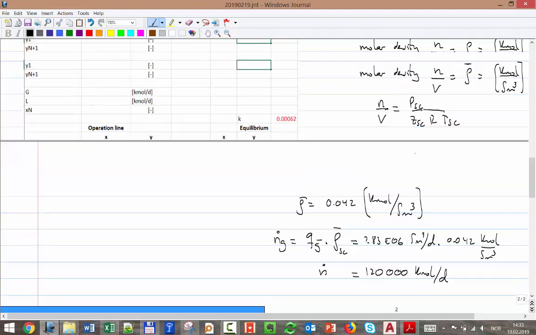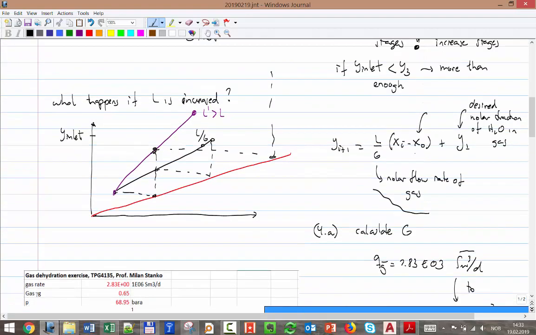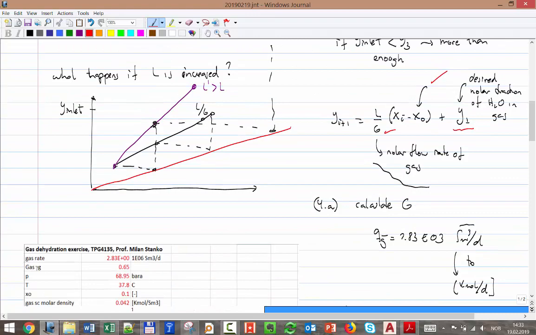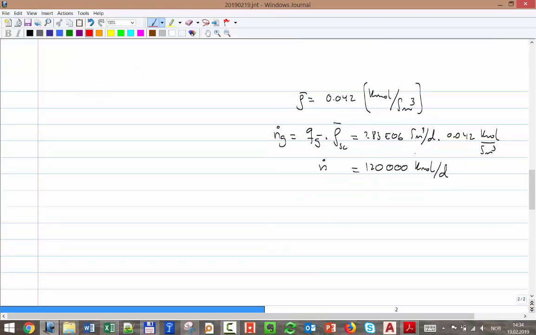Now, in the equation we have G, that was solved. We have X as an input, someone measured it for us. And then we need this guy, the molar fraction of water in the gas. So this will be question 4.B.